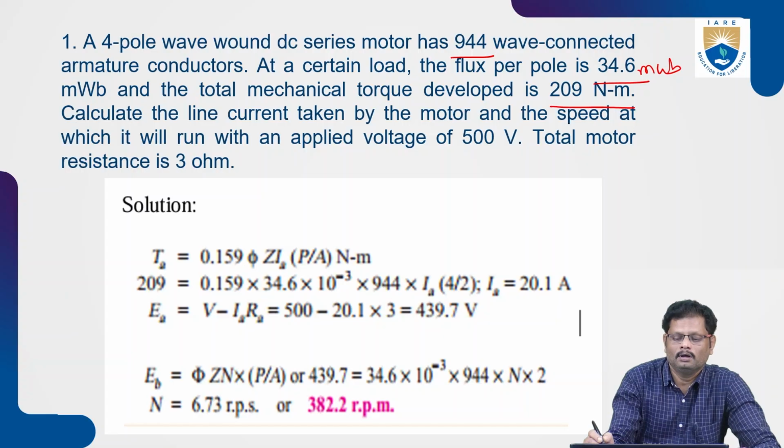Since it is wave wound, the number of parallel paths A equals 2, and given number of poles are 4.